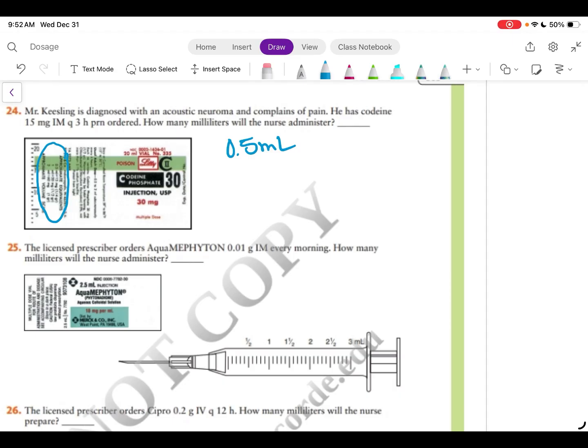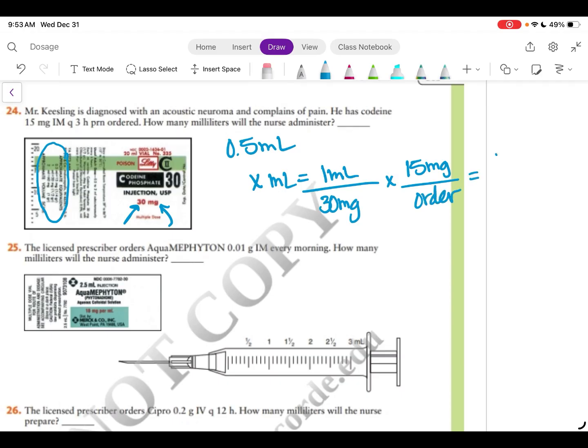This right here in the label is telling you that there's 30 milligrams in 1 milliliter. So if you did want to do the math, this is what it will look like. 15 divided by 30 is going to give you that 0.5. Okay?